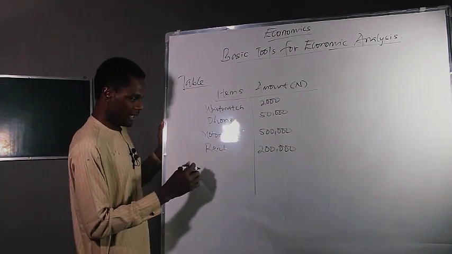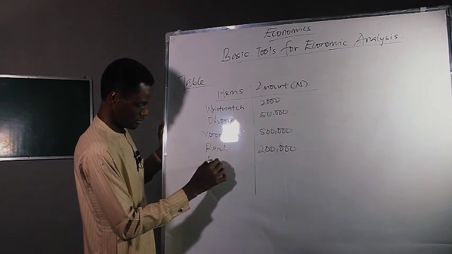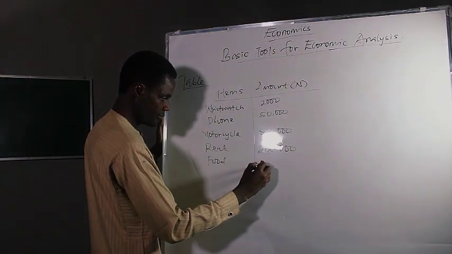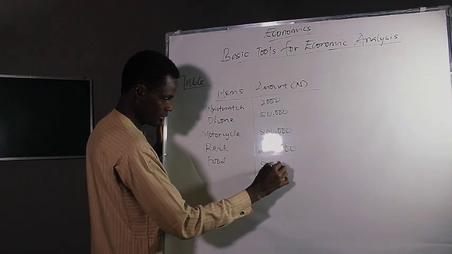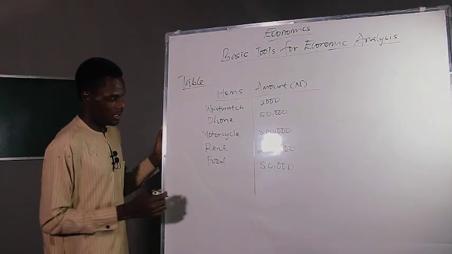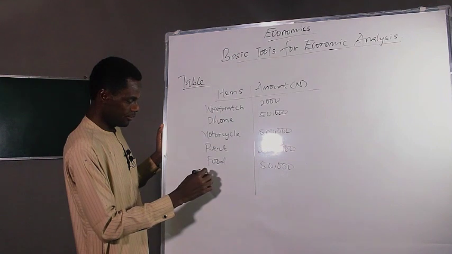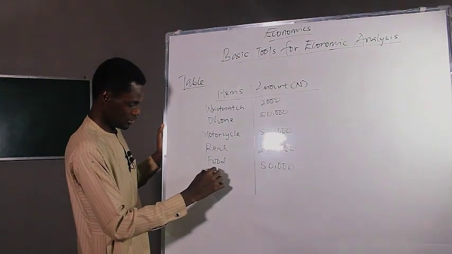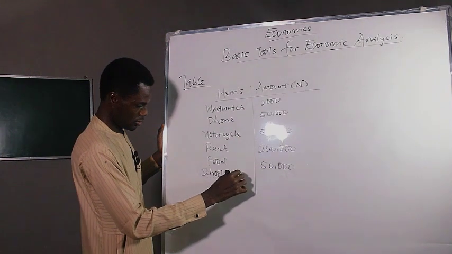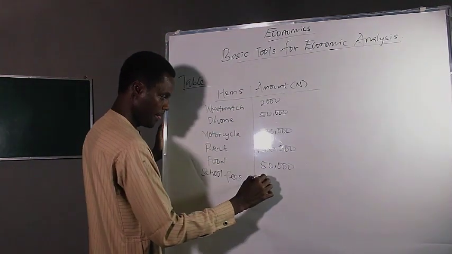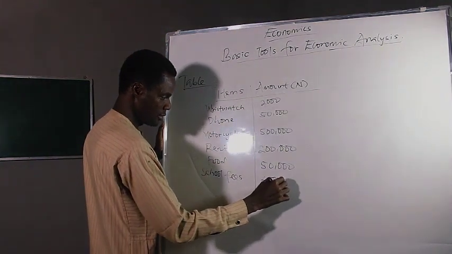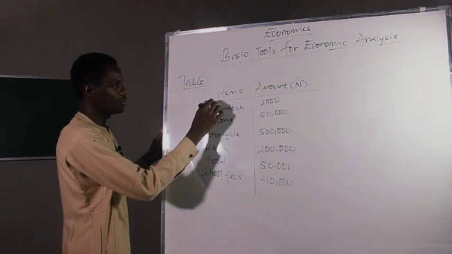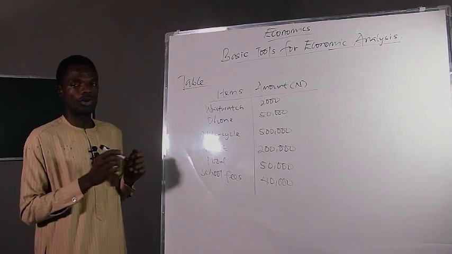The same person needs to buy food, so the food may cost him 50,000. And he needs to pay for his children's fees, so we call it the school fees for the children, maybe 40,000. So when we have the representation of data in this form, then we call it a table.